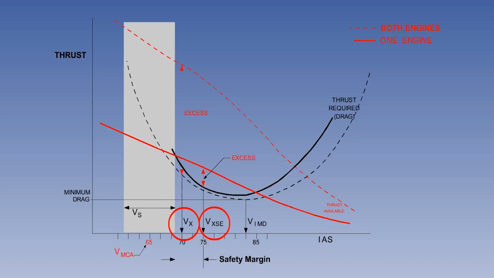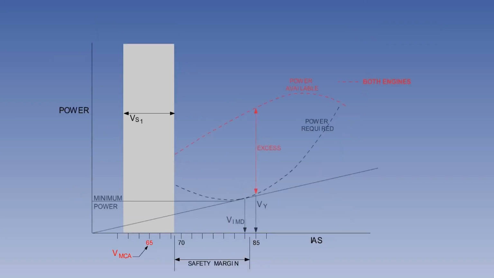The IAS for best angle of climb is Vx for all engines operating, and on twin-engine aircraft, VXSE is best for single-engine climb angle. Rate of climb is determined by the excess power available. Power is the rate of doing work, that is, thrust or drag times true airspeed, thrust and drag being forces, and TAS being the only real speed.